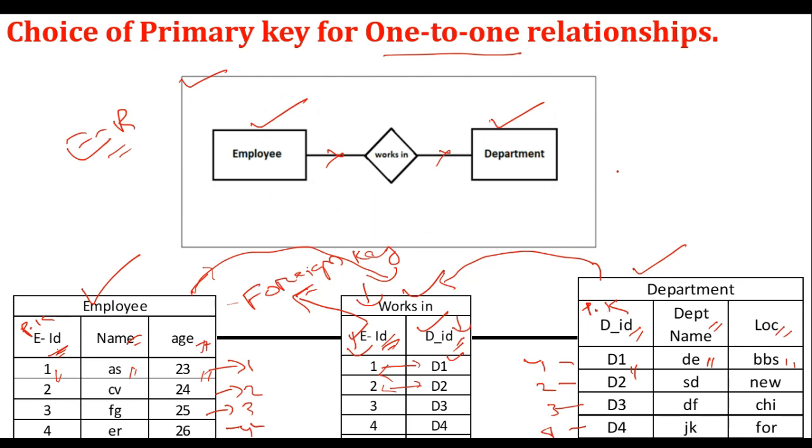There is no problem with that, because there is no repetition of values here and no repetition of values here either. Both of these values uniquely identify a particular entity in this Works In relationship set, so we can consider either of them as the primary key.